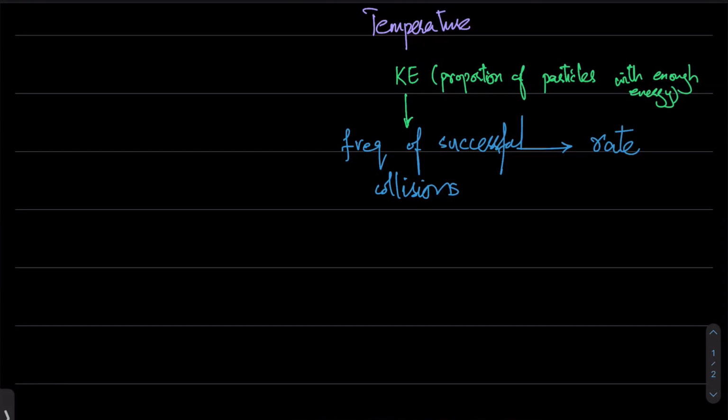So with temperature, you have provided them with kinetic energy. And through that, you have increased the proportion of energy. So obviously, if there are 50 particles that had successful collisions, now you're going to get 75 particles that have successful collisions. So obviously, the frequency increases, the rate increases.